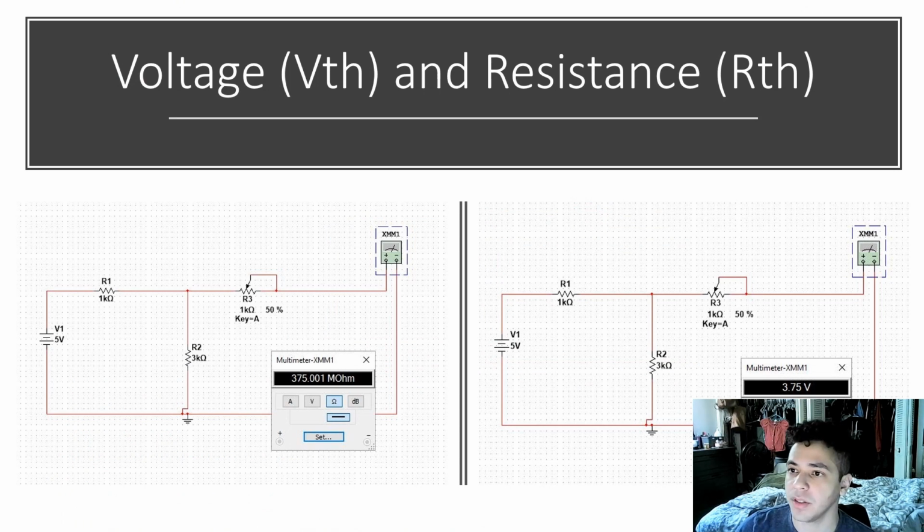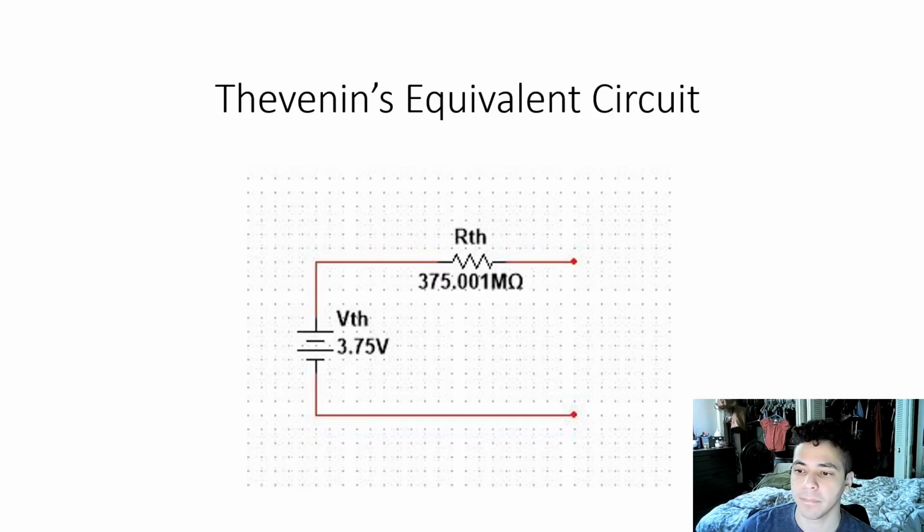Here I determined the voltage and the resistance for the Thevenin theorem using the multimeter and the ohms variation and the volts variation, as you can see on the screen, resulting in the following Thevenin equivalent circuit with the resistance and the voltage that we found in the previous slide.